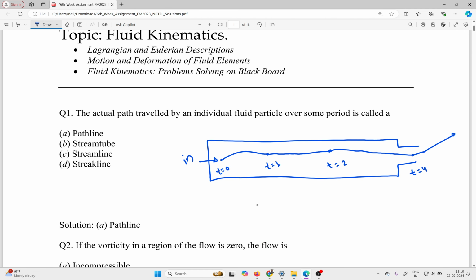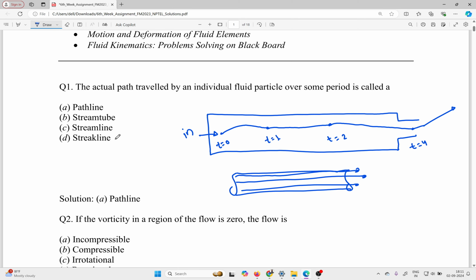A stream tube is nothing, if I draw here one tube, basically the streamlines, or you can say in a very general way, a streamline tube. But what is important is what a streamline is.